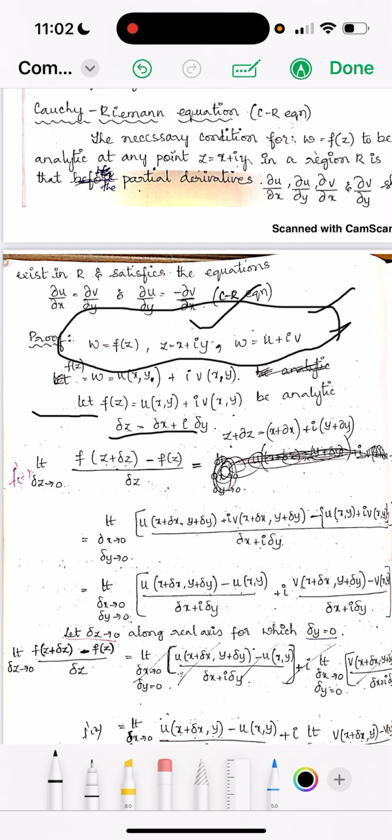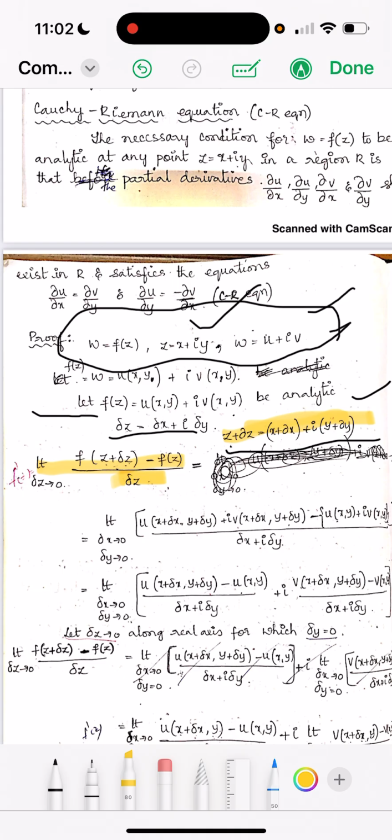Now with this I'm adding z, x and y to this particular equation. Then once I do that, I take the limit δz tends to 0 in this, the yellow color line. So I'll do f(z + δz) minus f(z) by δz.